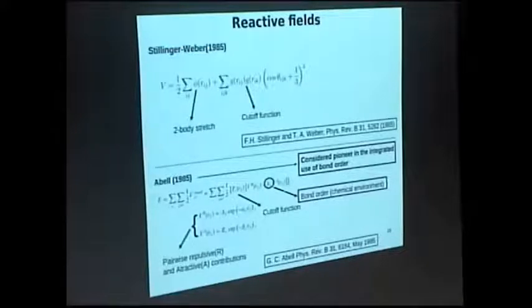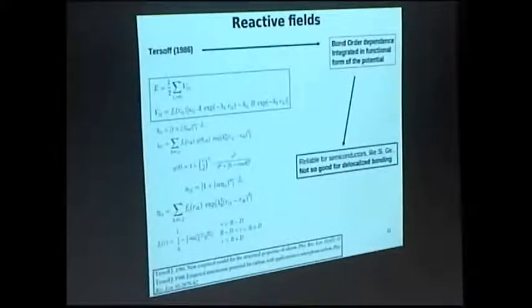Then after this proposition, many other potentials came with this kind of structure. And also we have here a cutoff function. Okay. Let's see. Then this Tersoff, there is a potential that, despite its age, it was proposed in 1986, but it can be used even today and with good results in many situations.